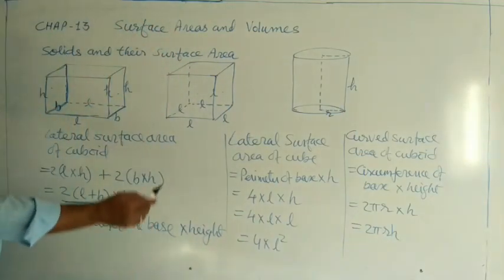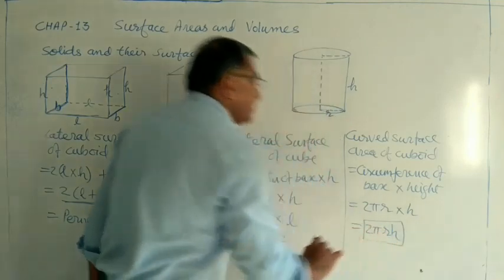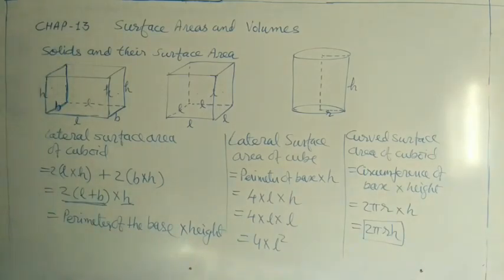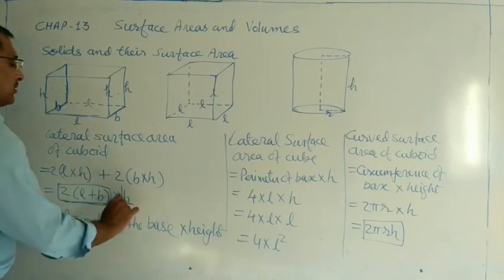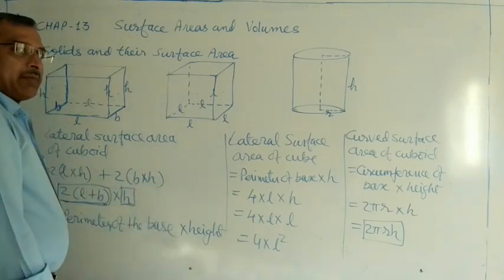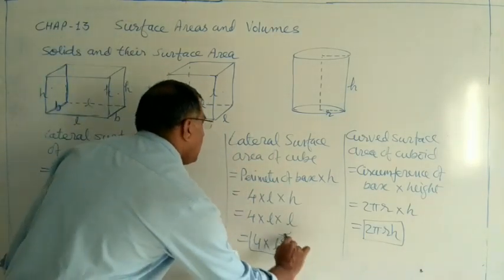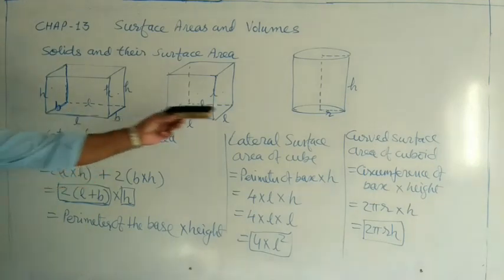So the curved surface area of cylinder is 2 pi r h, that is perimeter of the base multiplied by height. Here the lateral surface area of cuboid is perimeter of the base multiplied by height, that is 2 times L plus B into H. Then perimeter of the base multiplied by height for cube also, that is 4 times L square or 4 into L into L. So these are the lateral surface areas of cuboid, cube and cylinder.